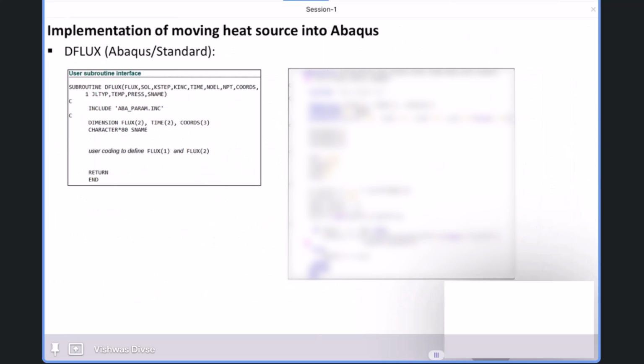So, okay. As I told you, I will show you two kinds of subroutine, let's say. The purpose is the same, to model a moving heat source, but in Abaqus there are two main solvers.